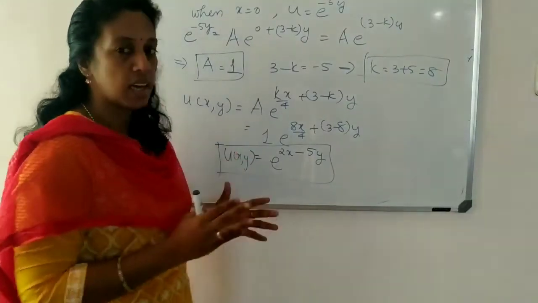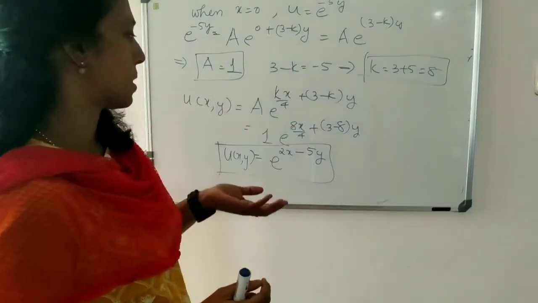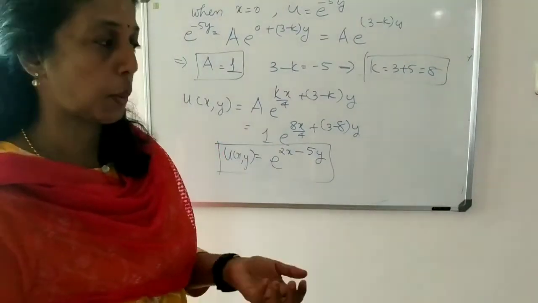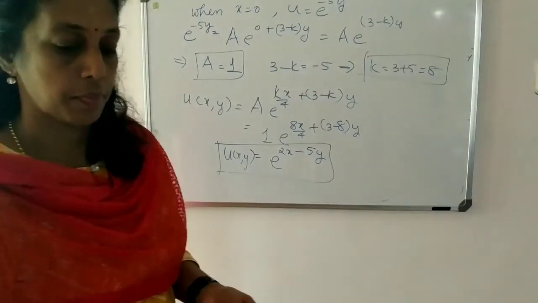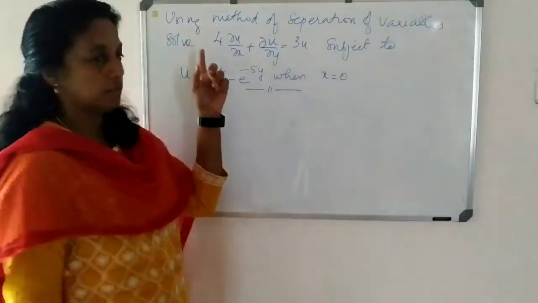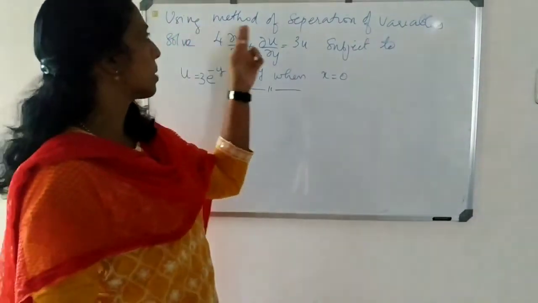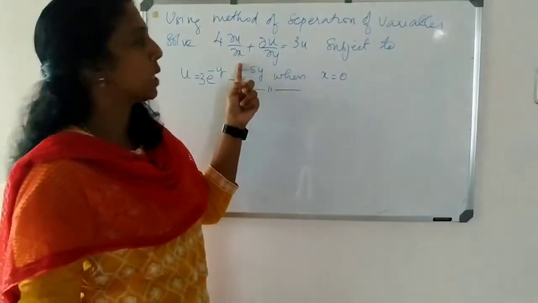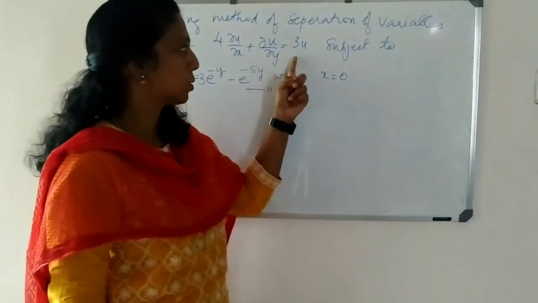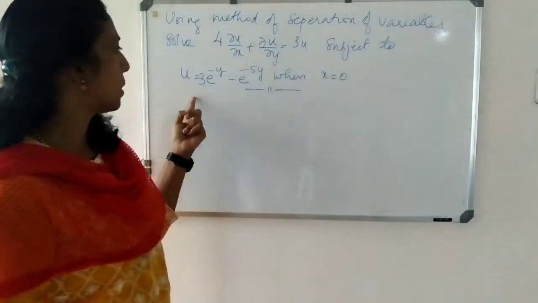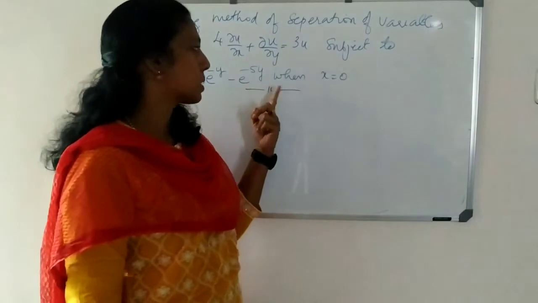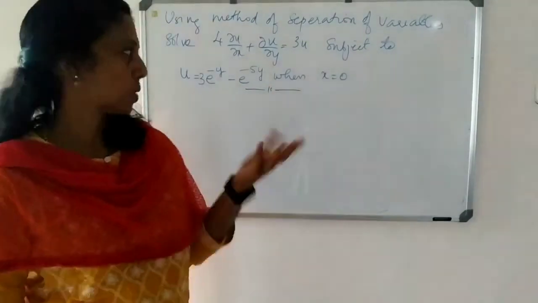Now the same problem, that is the same question, we will do with some other initial condition. We will arrange the question like this. The next problem is, using method of separation of variables, solve 4 into dou u by dou x plus dou u by dou y equal to 3u, subject to u equal to 3 into e raised to minus y minus e raised to minus 5y when x equal to 0.